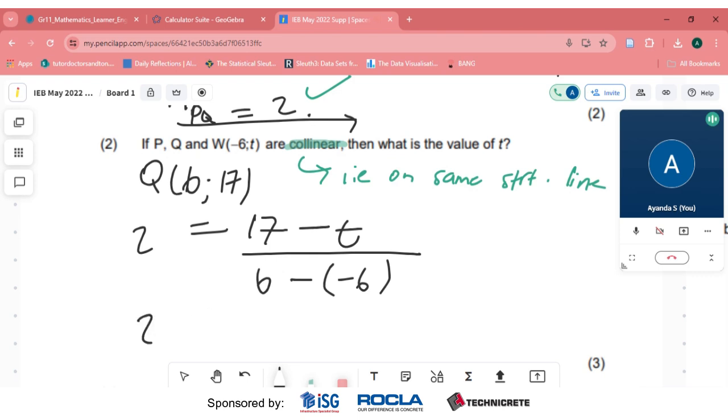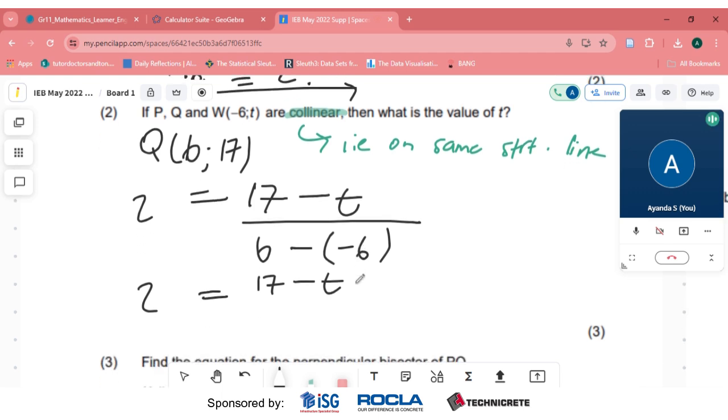Now we're left with 2 is equal to 17 minus t, remains as it is, divided by 6 minus minus 6 gives us a positive 12.